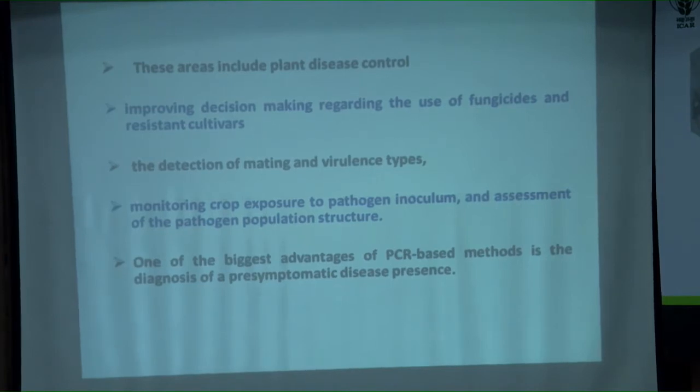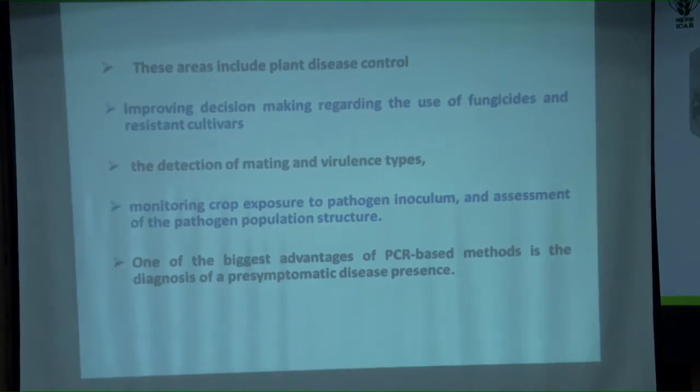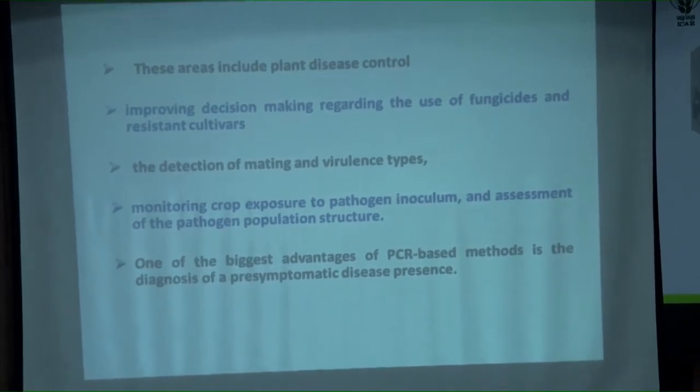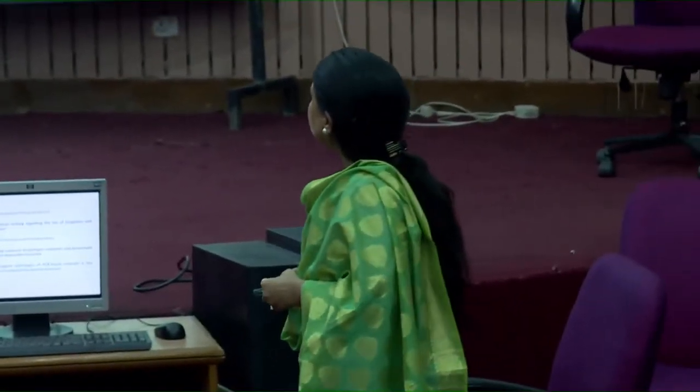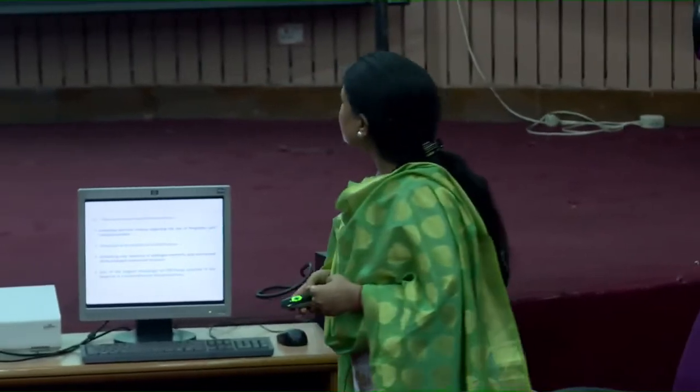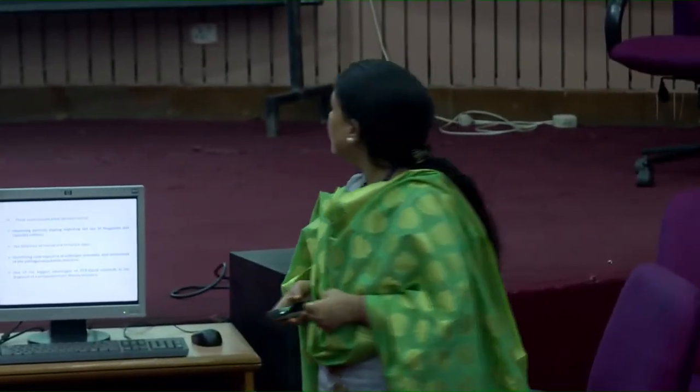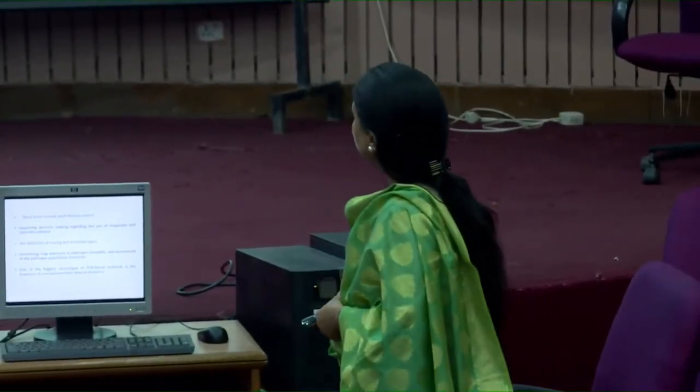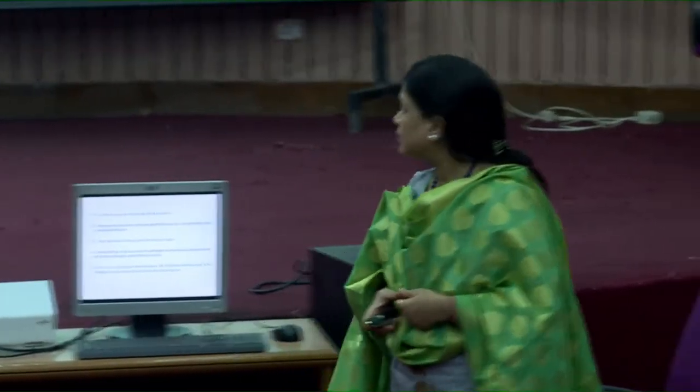Okay. Further, for virulence studies you need markers too, as some pathogenicity related genes may be present in some isolates and absent in others. Then for monitoring crop exposure to pathogen inoculum and assessing the pathogen population structure, you also need markers.